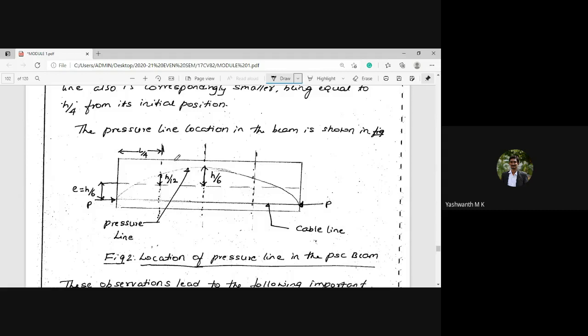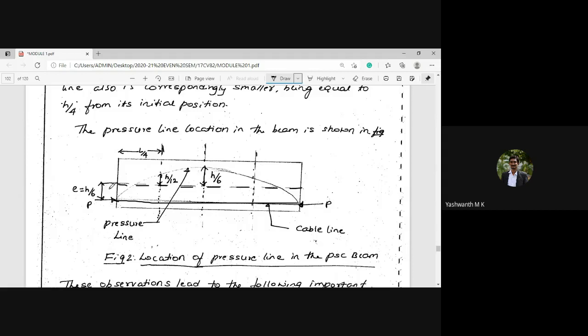Next, let me move on to this. So this we already know, this will be the eccentricity of the cable, that is, the tendon has been placed, and this will be the central axis. And now this will be the eccentricity distance, that is h by 6.